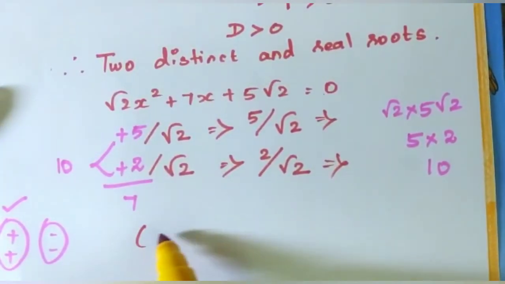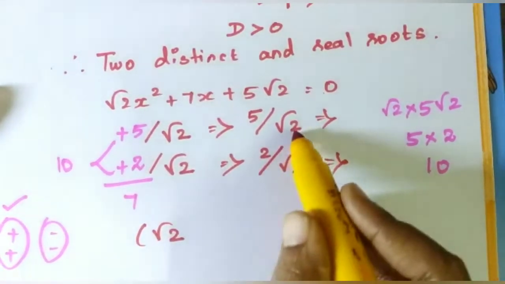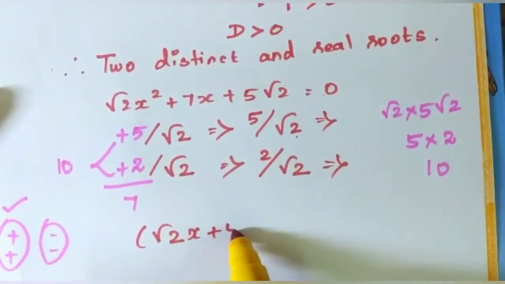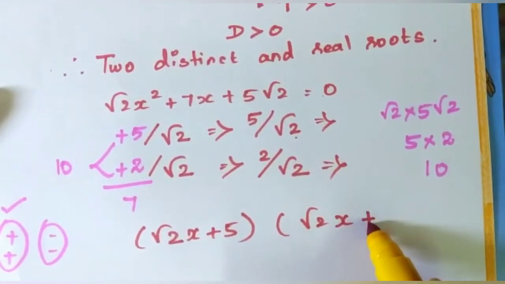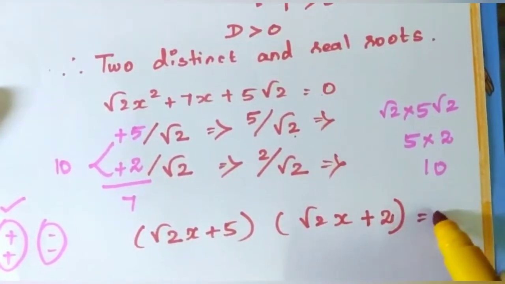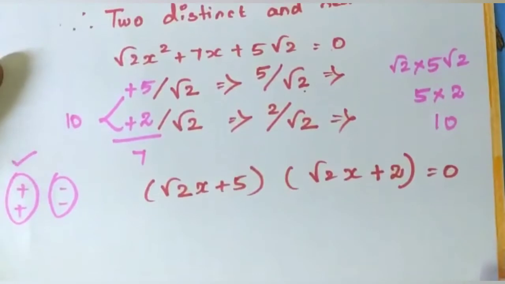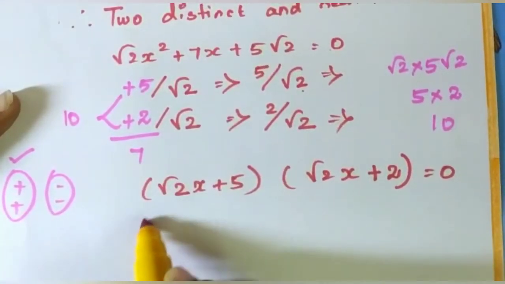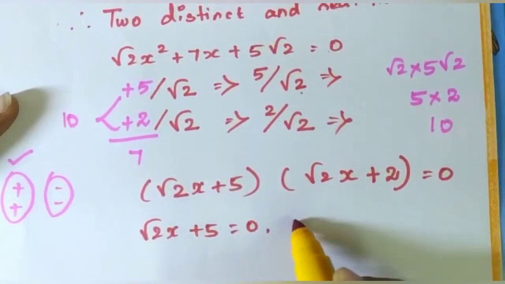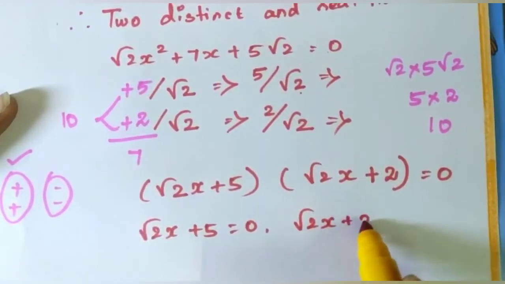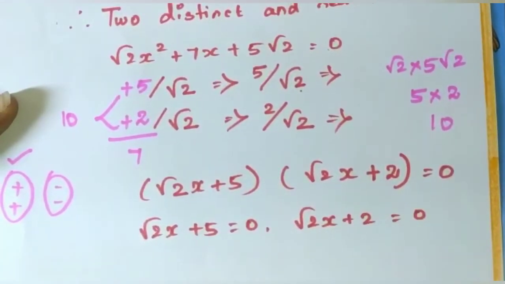What are the factors? Root 2 x plus 5 and root 2 x plus 2. We got the two factors. Okay. So then root 2 x plus 5 is equal to 0 and root 2 x plus 2 is equal to 0.